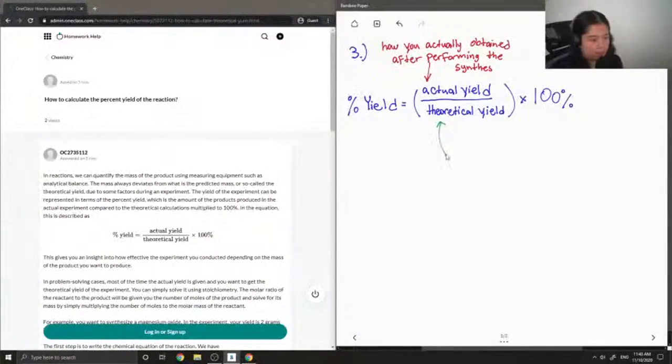And to find the theoretical yield, this is when you would use stoichiometry. And also, since we know the mass of reactants we started with, we can calculate how much of the product we expect to have.